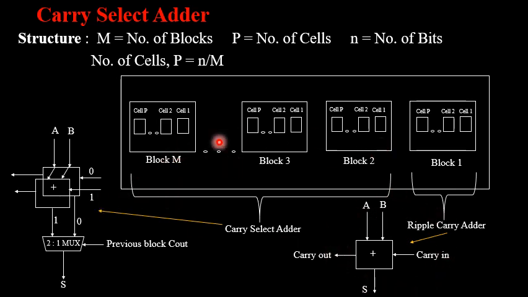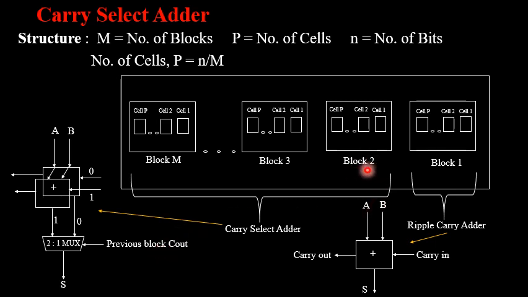Same way, the rest of the blocks apart from block 1 will be using a carry select adder concept, wherein how many number of cells are present, that many times I have to use this particular block for carry select adder, that is A, B, considering the carry input either as equal to 0 state or 1 state. Then accordingly I will be using the multiplexer. The selection input for this multiplexer will be the previous block carry output.